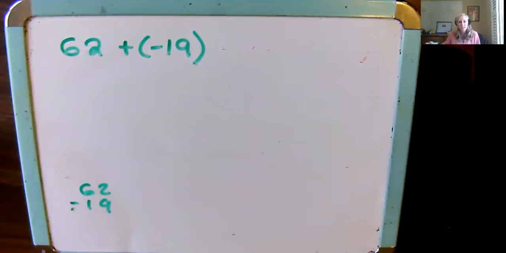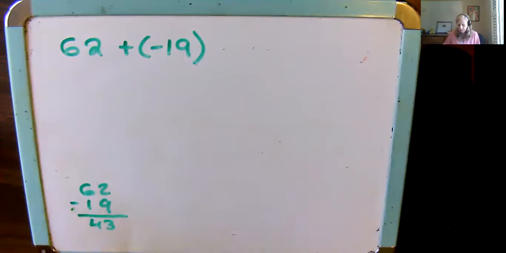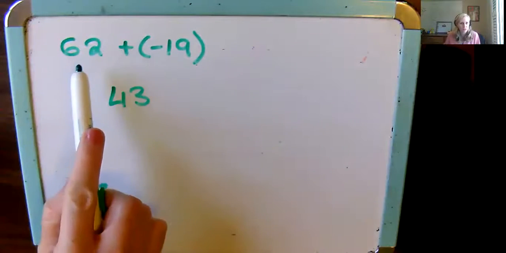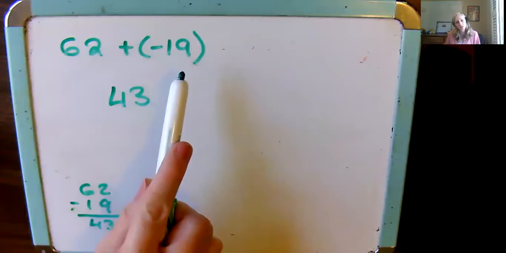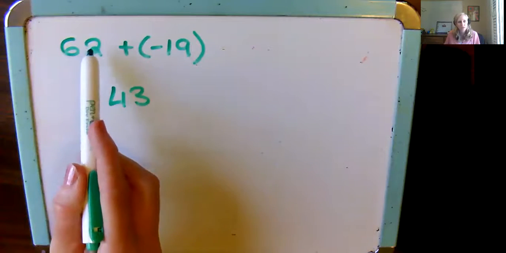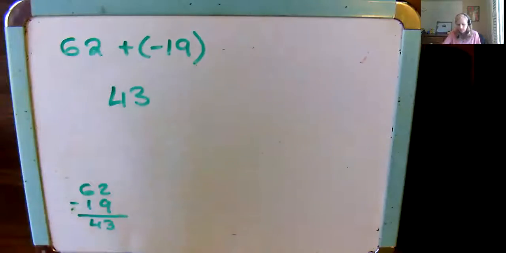We're just taking the number. This would be called absolute value. We're just taking the number, not worrying about the signs at this time. 62 minus 19 is 43. So write 43. Now ask yourself, would you rather have $62 or $19? I'd rather have $62. 62 is a positive integer, so your answer is going to be a positive integer.